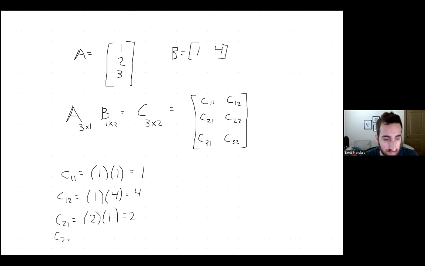C22: second row of A, again a 2, by the second column of B, which is a 4.